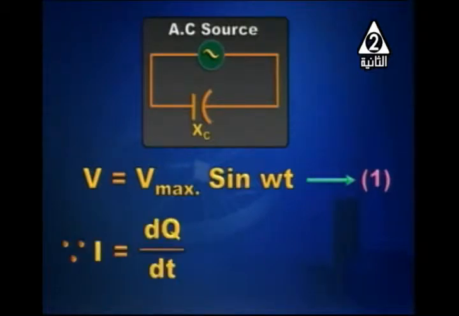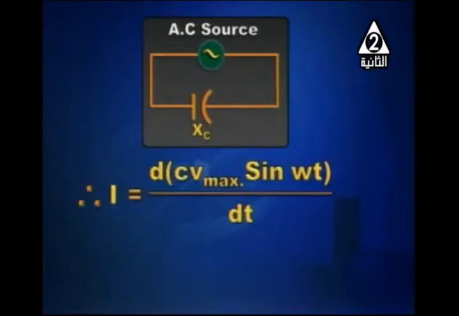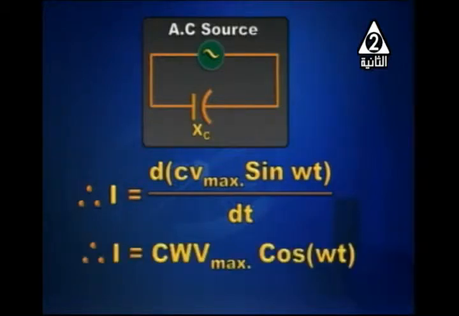And the current is given by I equals dQ over dt. So substituting for Q, it is d by dt of C V maximum sine omega t. So I equals C omega V maximum cosine omega t.